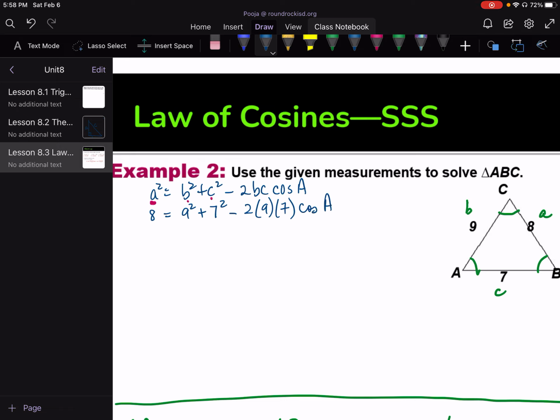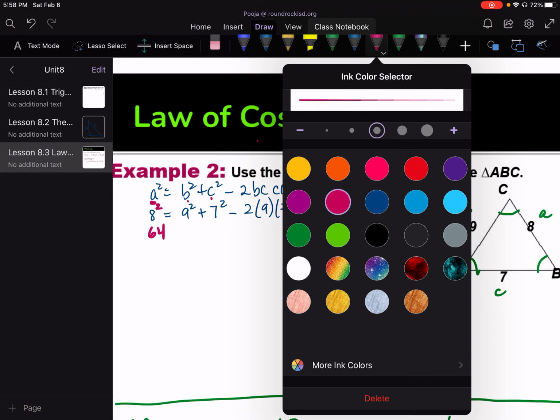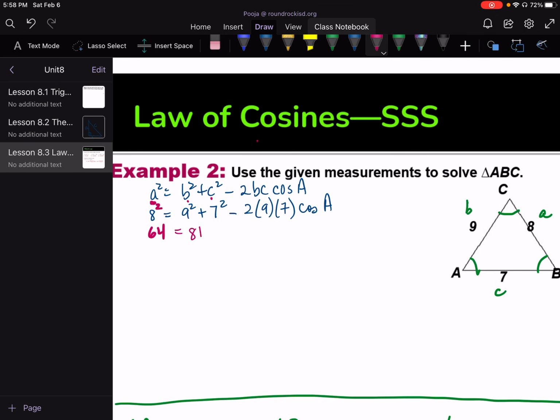What's the unknown here? Angle A itself. We know everything else, but we don't know angle A. So this is a backwards type of question. 64 equals 81 plus 49, and you cannot use a calculator at this point. Because on the right-hand side, since cosine A is unknown, the calculator will not be able to give you anything.